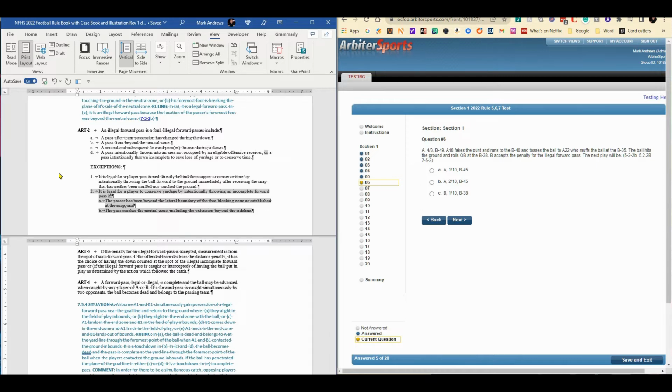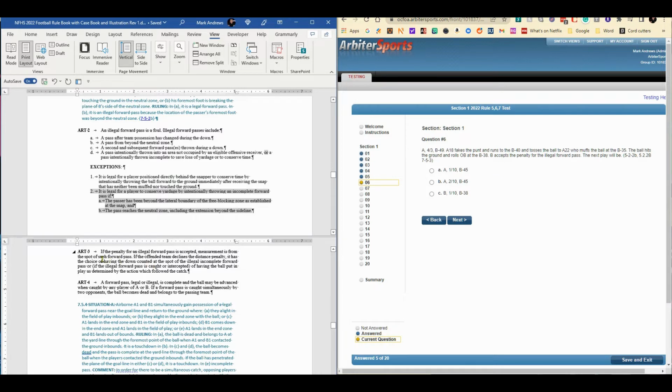In other words, the preceding run is done with clean hands, they used to call it. So he gets to the yardage that he got with clean hands. And so the penalty for illegal forward pass is 5 yards, and it includes a loss of down.